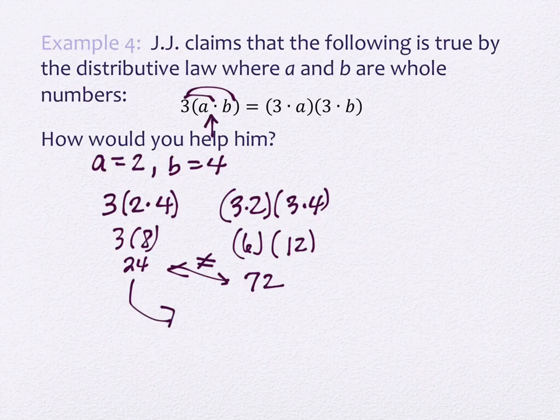If I took this number and multiplied it by 3, I would end up with 72. That very quickly shows you I've got 3 times too much on the right-hand side compared to the left-hand side. So examples are fantastic for showing why this is happening.